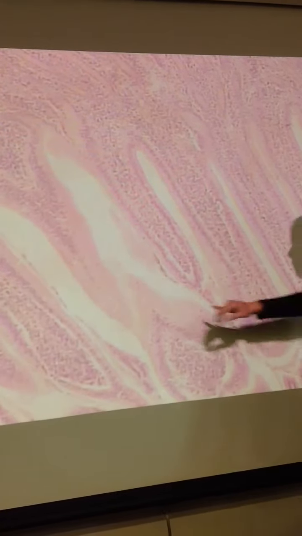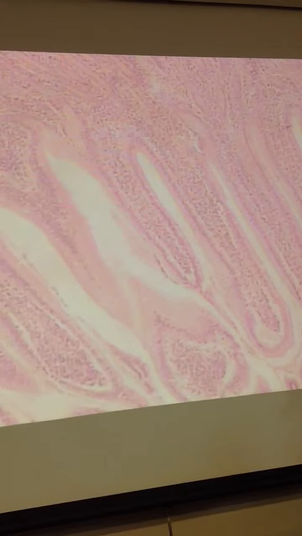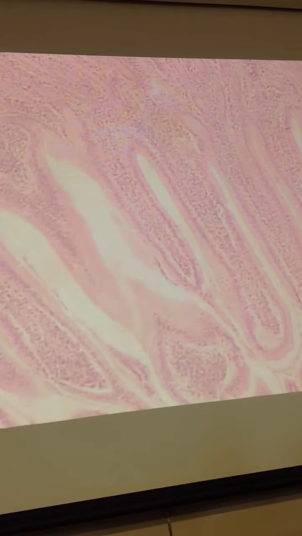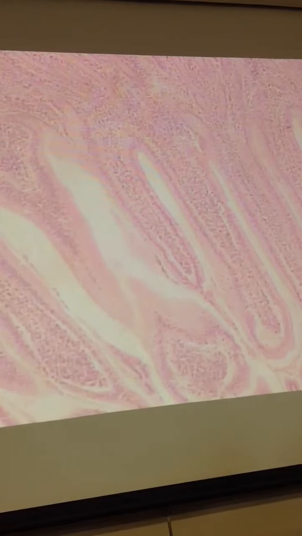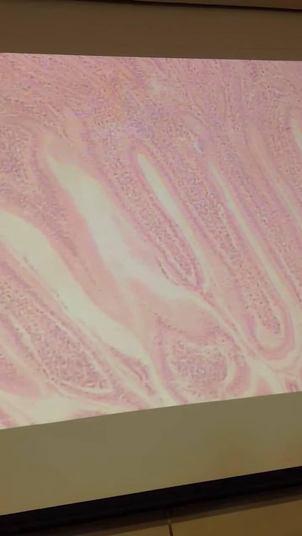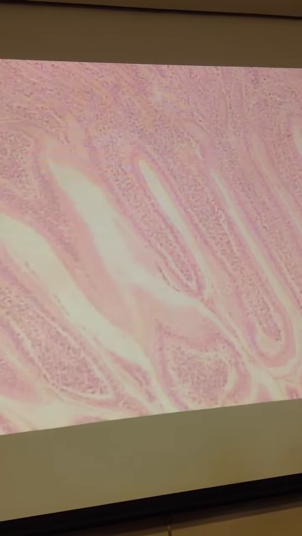Yeah. So it's space in between the villi. So it's like a crypt or a gland, right? So it's like an indentation. The reason you have villi is to increase surface area. So that's all it's referring to, is that extra surface area.